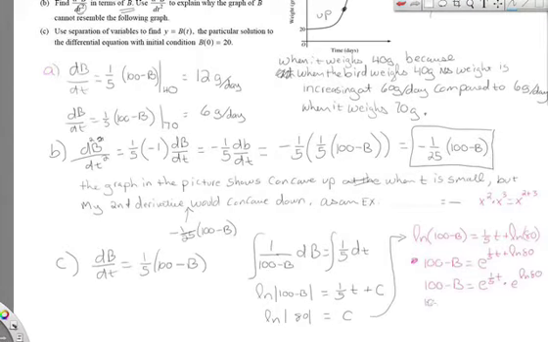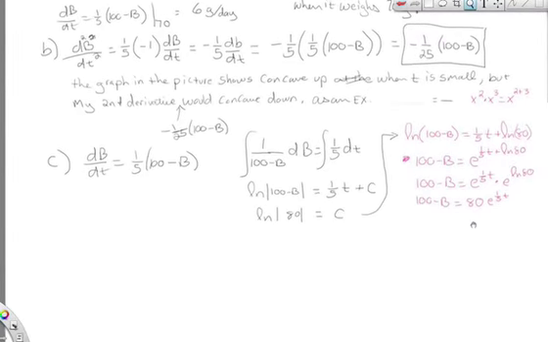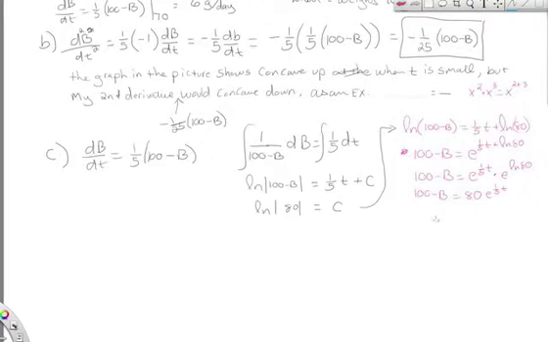So I now have 100 minus b equals 80 e to the 1/5 t, and I now just need to continue to solve for b, and so I get b equals 100 minus 80 e to the 1/5 t.